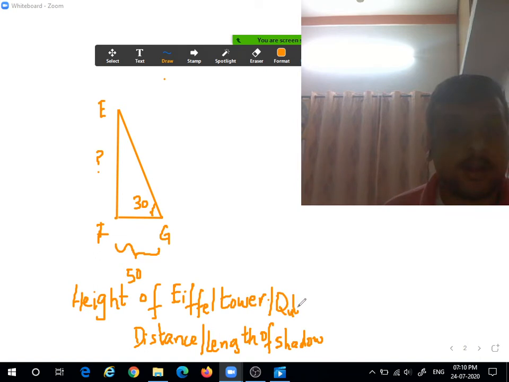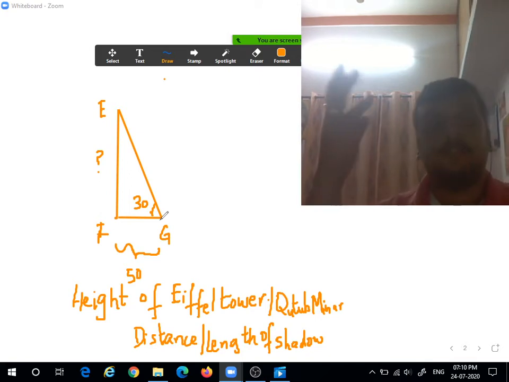Is it not wonderful, students? Suppose you have to find the height of the Eiffel Tower or Qutub Minar, then you can't measure with a scale. That is quite ridiculous. The simple technique is, just by knowing the angle of elevation, we can easily find the height.